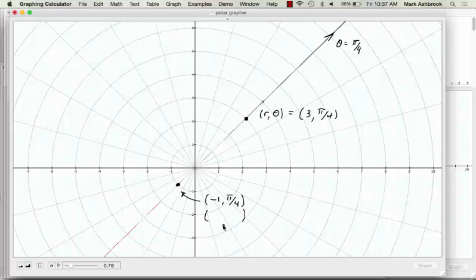So which direction would 5 pi over 4 point? Yeah, right, because this is pi over 4, 2, 3, 4, 5 pi over 4 would point this way. So you could also write this as positive 1, 5 pi over 4. Both of those ordered pairs give you the same point in the polar plane.